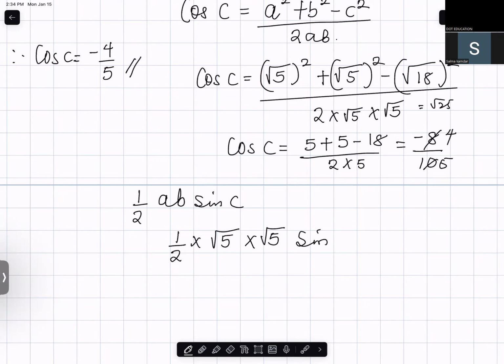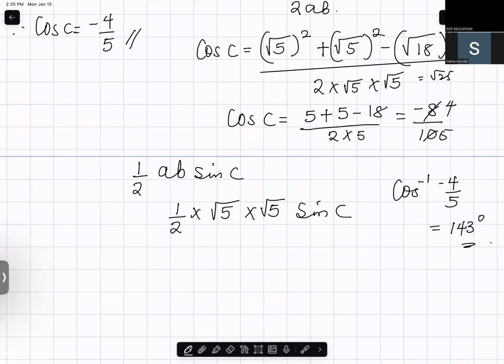The angle C will be cos inverse of minus 4/5, and that will give us 143 degrees approximately. So we have our angle C as 143.